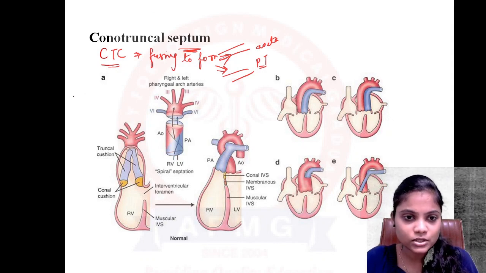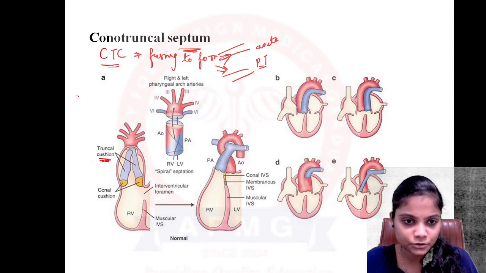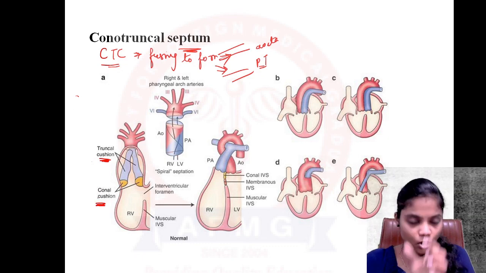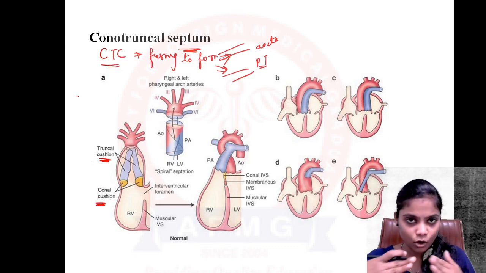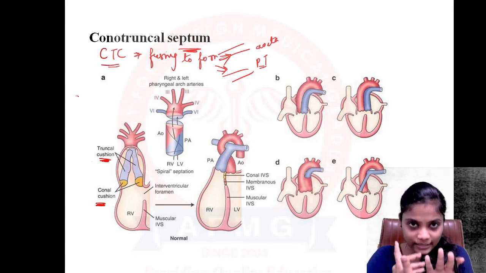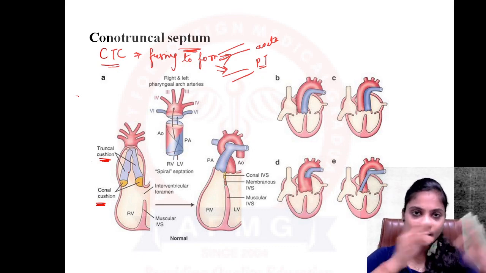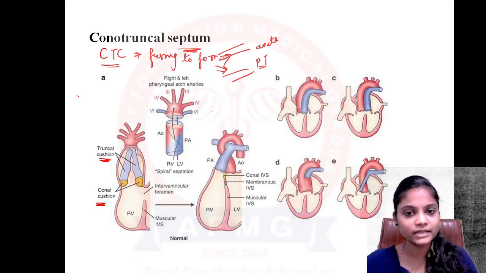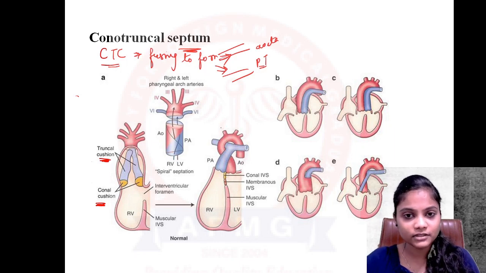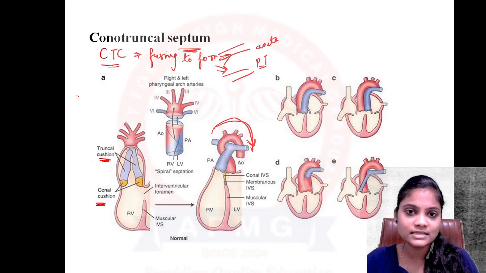I hope you can see over here, right? There are truncal cushions and conal cushions. That is the conal part and the truncal part, which fuse and spirally rotate to form our pulmonary trunk and our aortic part separately.